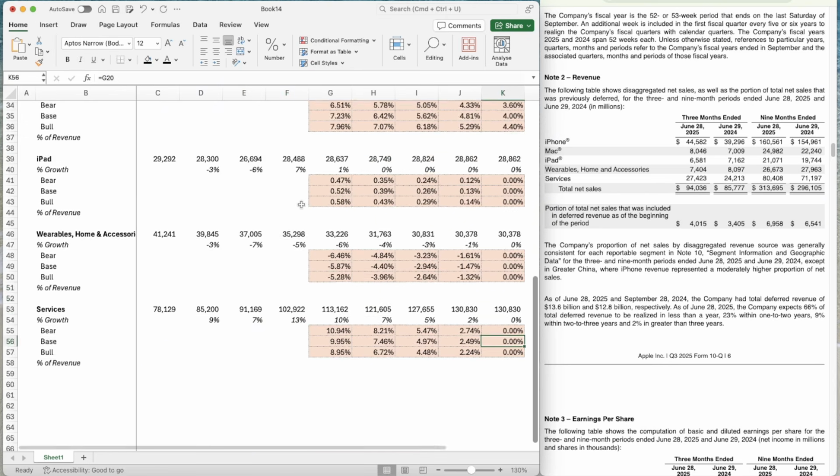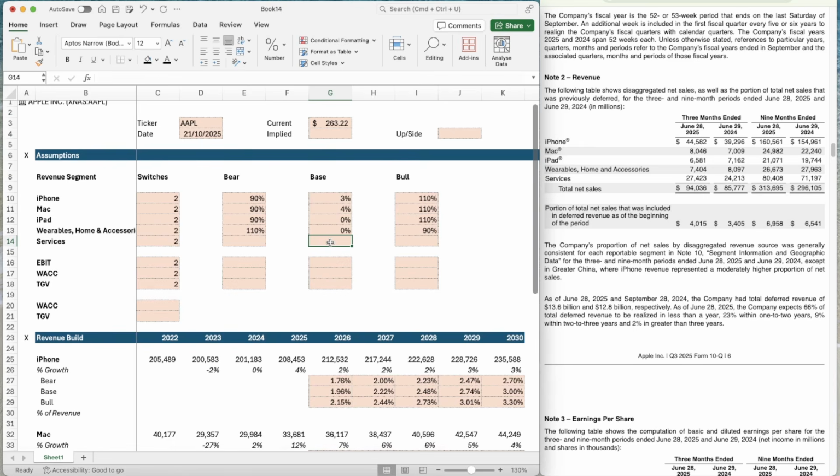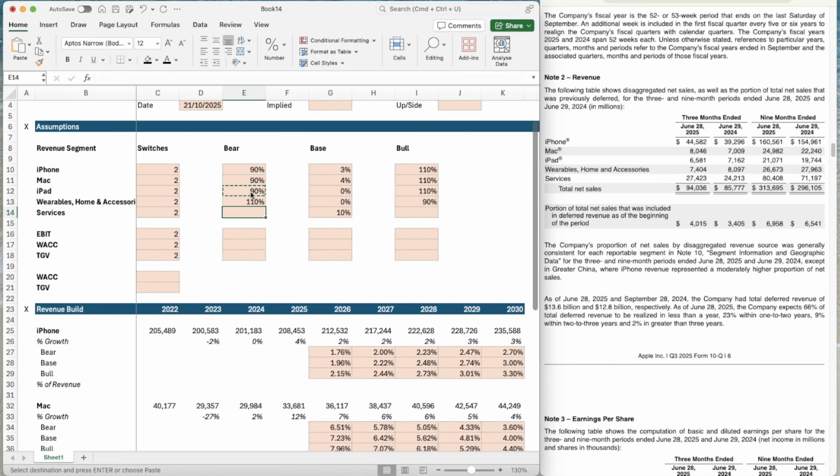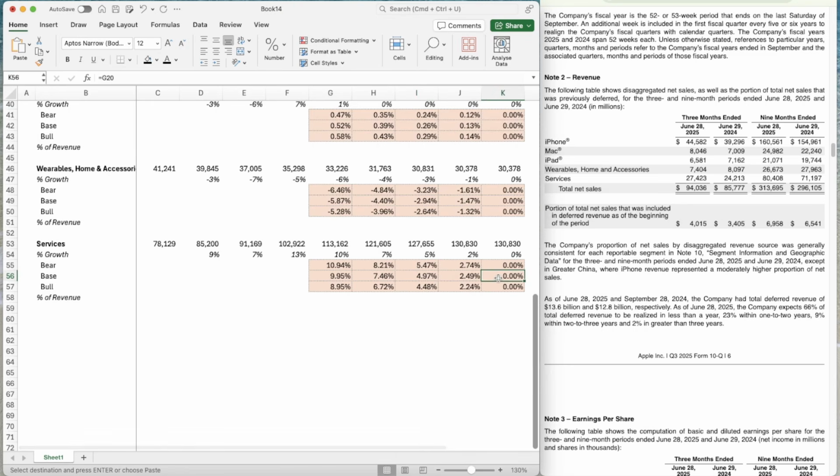I think we put 10% there. G14. Yeah, looks good. Remember to change this to G.